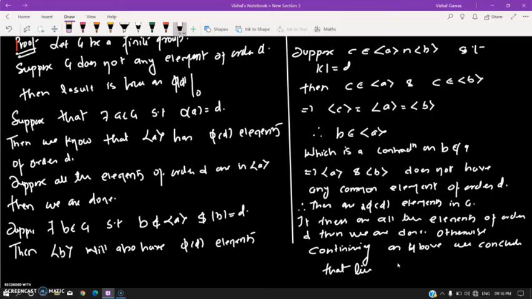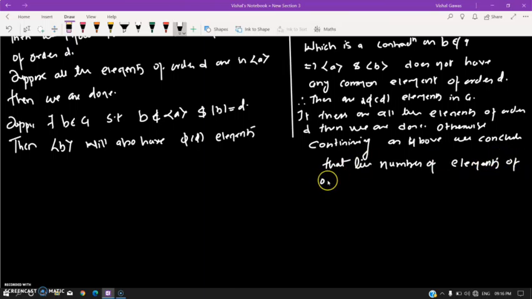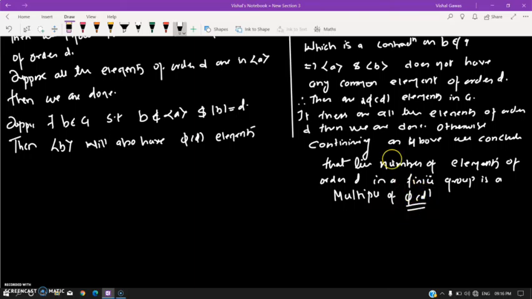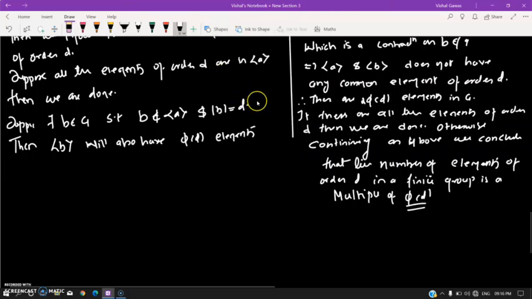So it will be three times phi of D and so on. We conclude that the number of elements of order D in a finite group is a multiple of phi of D. That's the proof we're looking for.